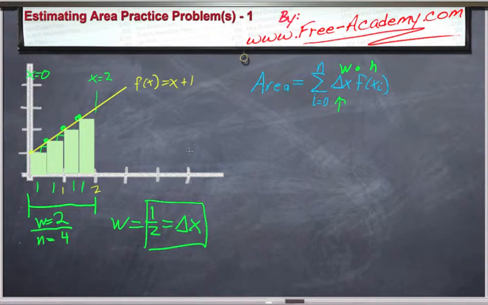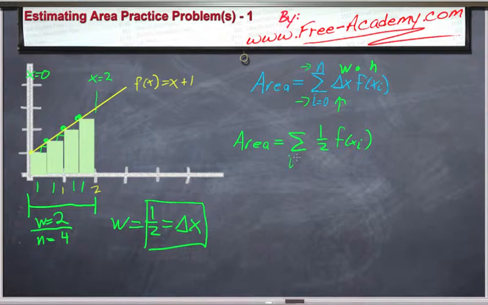Let's plug what we know into our formula so far. We have area equal to the summation of 1/2, using this as our delta x, times f of x i. But before we figure out f of x i, let's figure out the bounds under the summation.